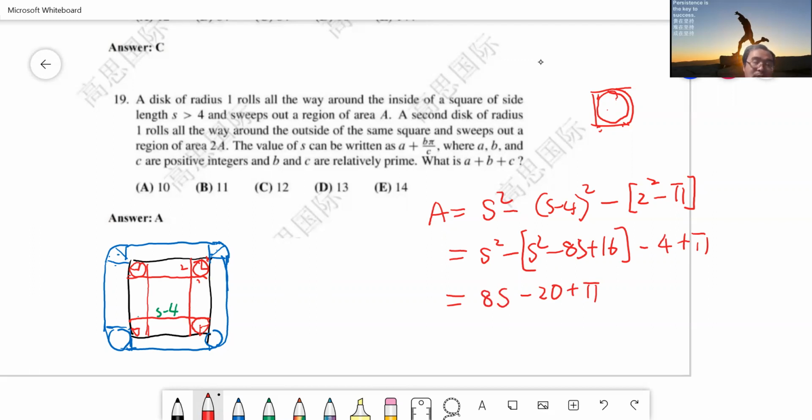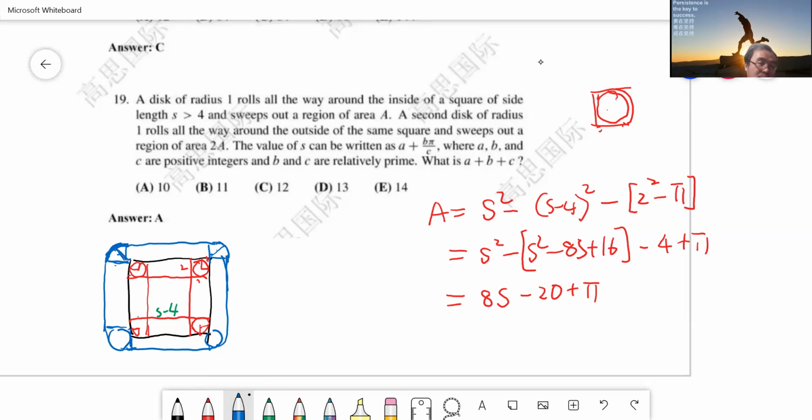We're going to look at the outside, the blue part, right? For the blue part, you roll this way, so then you reach here. At this corner, the disc is going to rotate. Basically that's going to sweep this quarter, right?